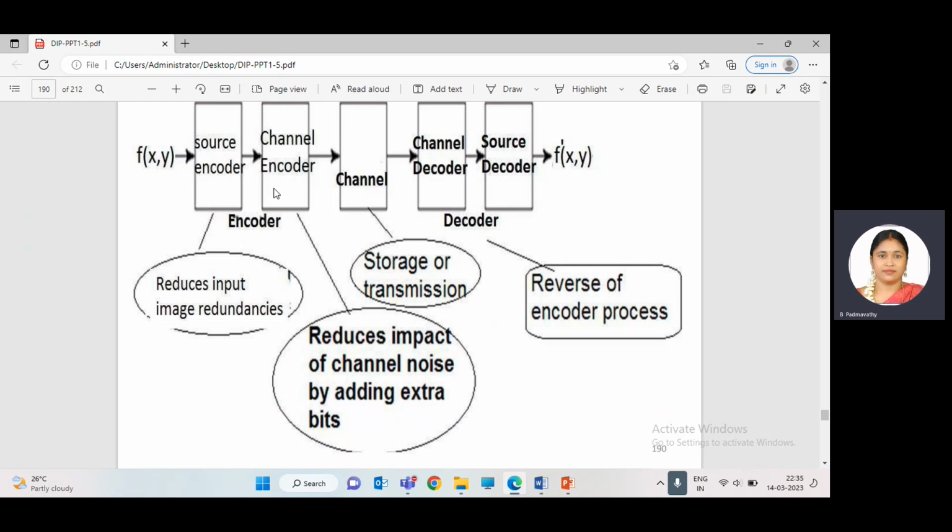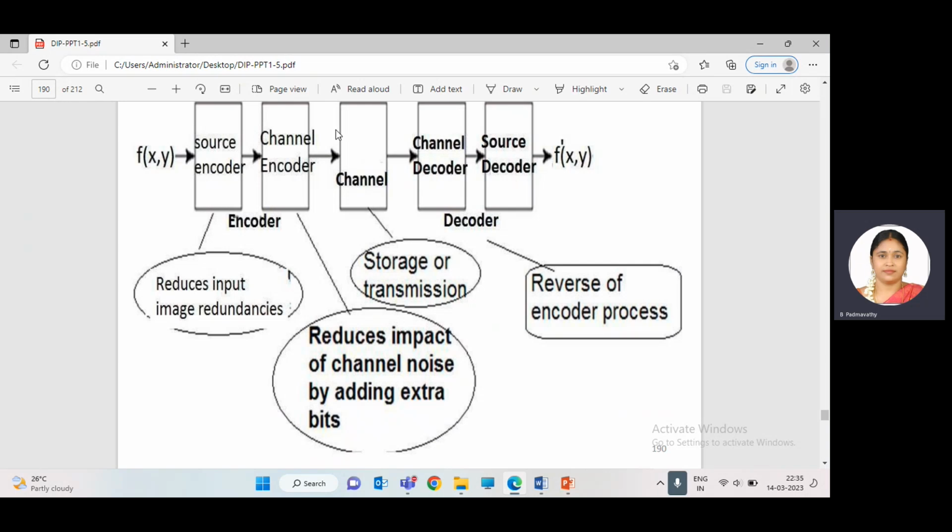That means it reduces the noise of the source encoder output. And we have a decoder, which includes a channel decoder as well as a source decoder. In general we speak of the decoder only, but inside the decoder we have a channel decoder and a source decoder. Here the channel decoder is followed by the source decoder.